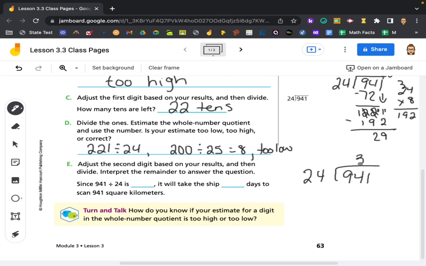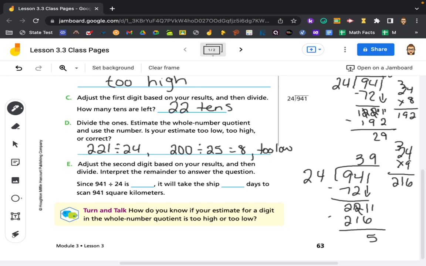So we had the 3, 72, 22, bring down the 1. So 8's too low, so we're going to use 9. 24 times 9, 36, 18, 19, 20, 21. So we had 216. 11 minus 6 is 5. 1 minus 1 is 0. 2 minus 2 is 0.